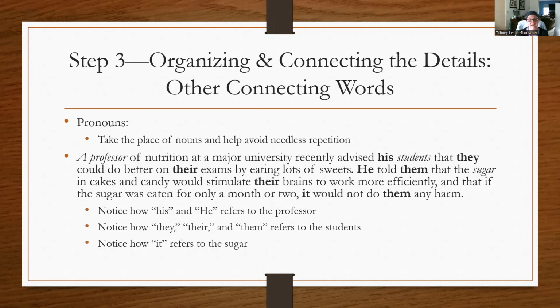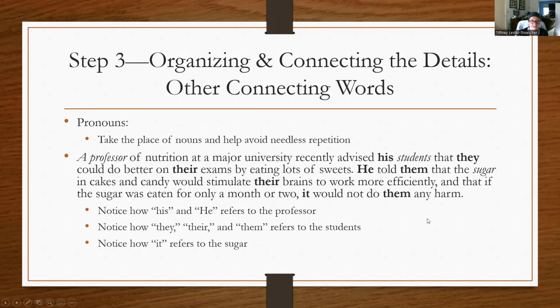So you can see how, in bold here, his and he refer back to the professor. They, their, them, and then their and them refer back to the students, and how, it refers back to the sugar.